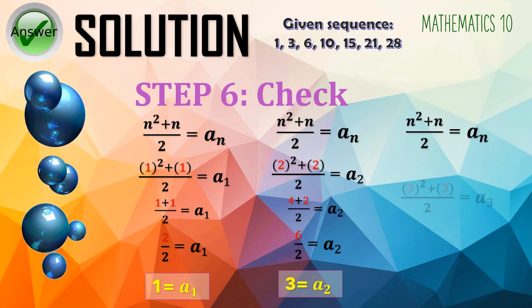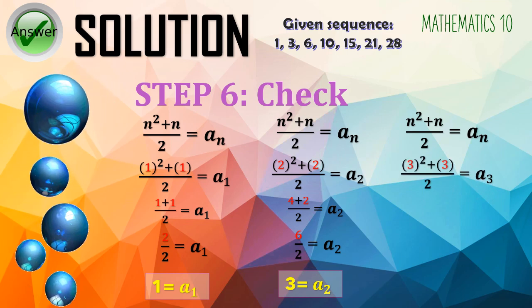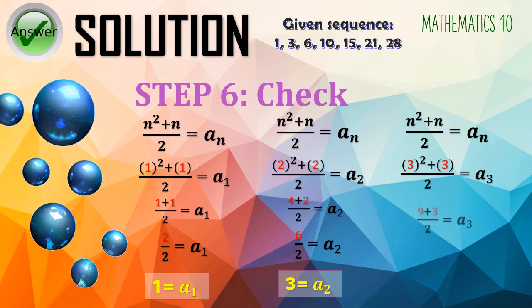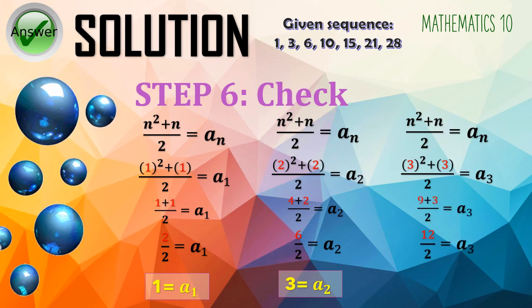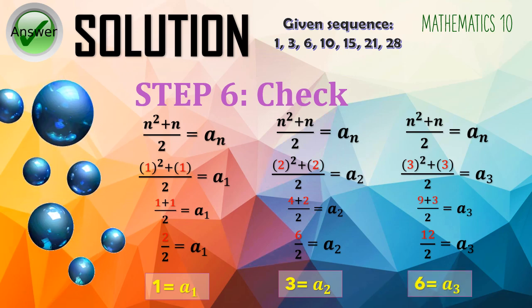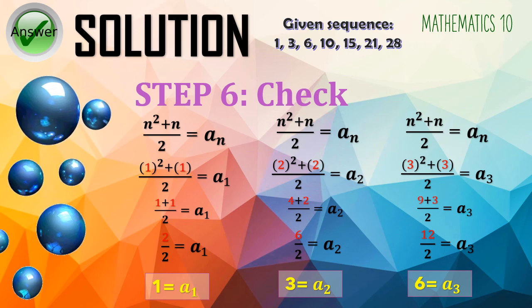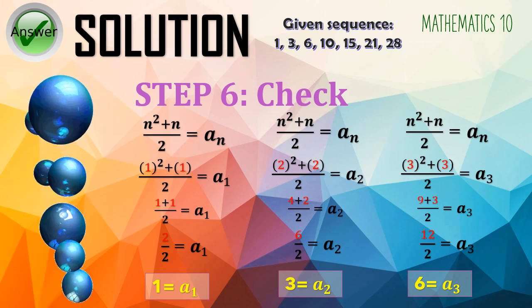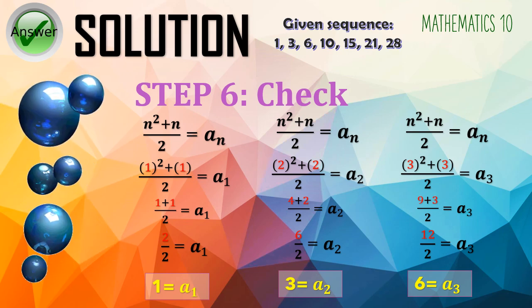Of course, we're supposed to substitute 3 because we are going to check the third term. So, substituting 3, 9 plus 3, it's 12. Then 12 divided by 2, it's 6. So, that means the general formula that we got is correct.